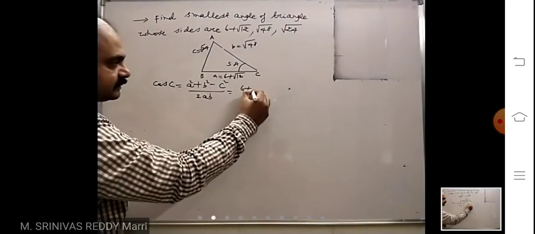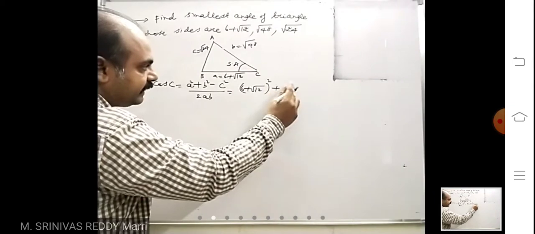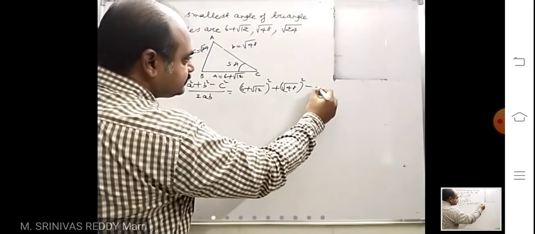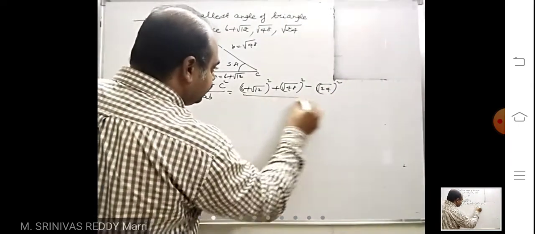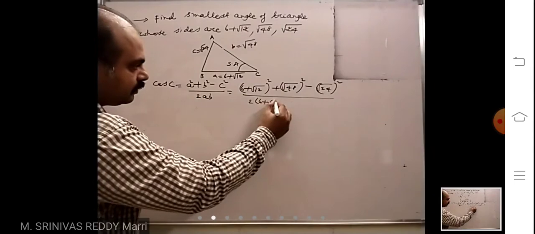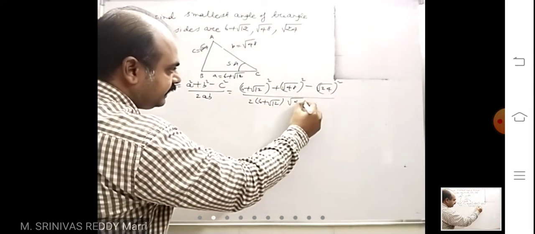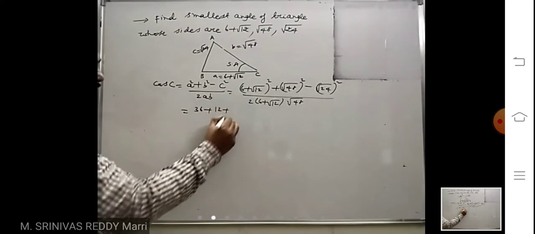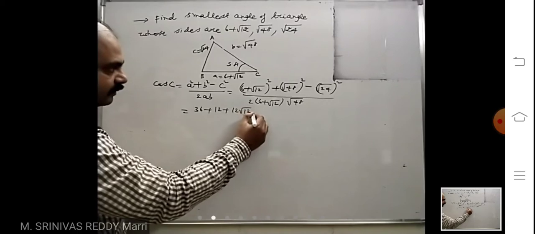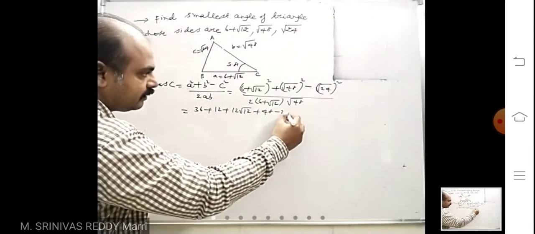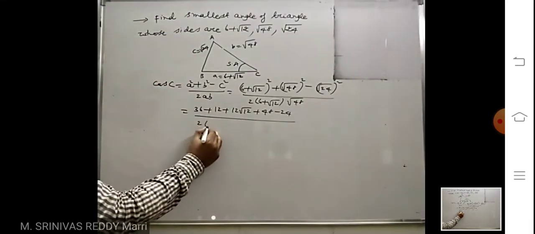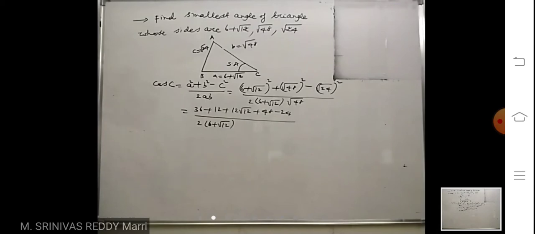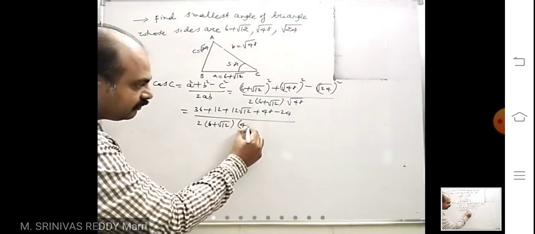A square is 6 plus root 12 whole square, plus B square, root 48 whole square, minus root 24 whole square, divided by 2 into 6 plus root 12 into root 48. Root 48 is nothing but 4 root 3.